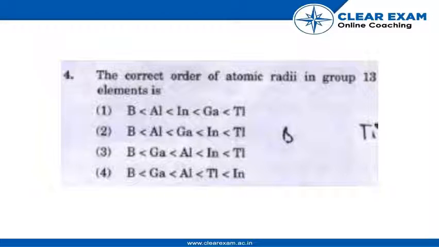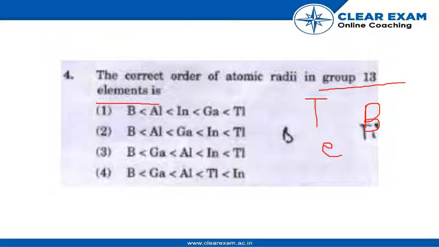Atomic and ionic radii of group 13 elements increase from top to bottom in the group. This is due to the increase in the number of energy shells in each succeeding element.